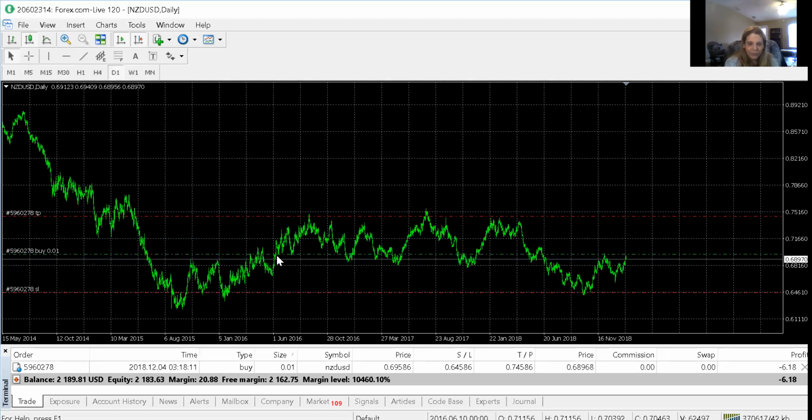Nope, a little further. 0.68968. It's not there. It's got to be around here somewhere. Because if you look at it, where the trade's currently at is this line right here.